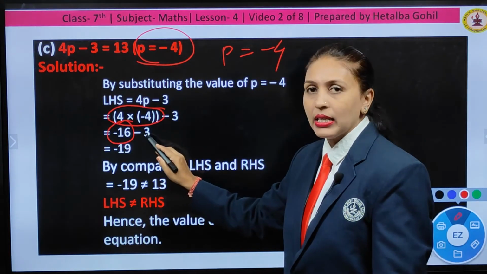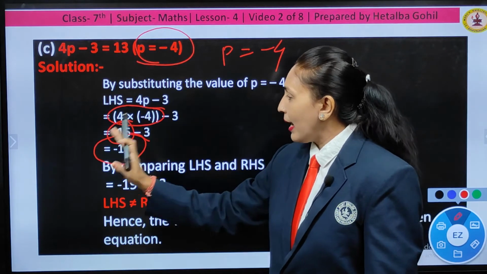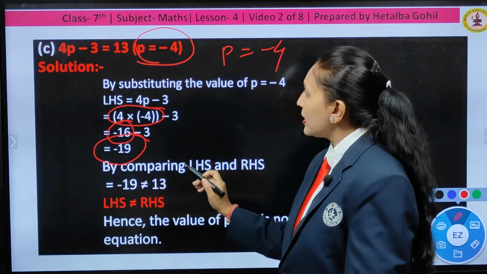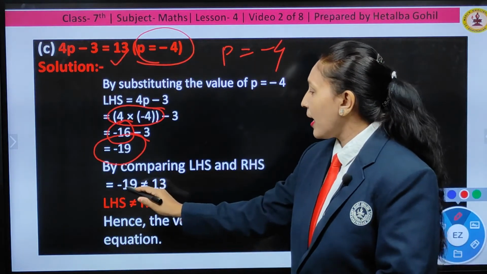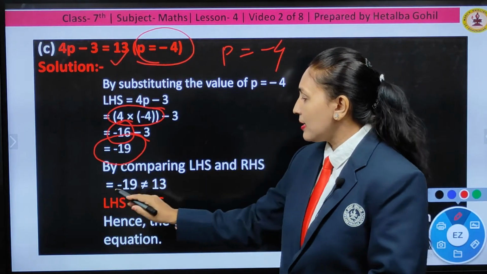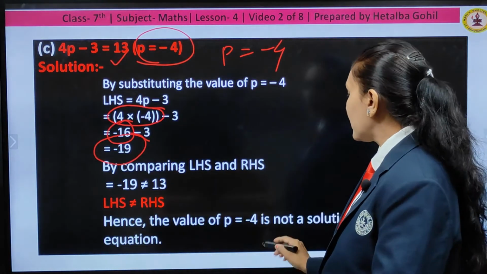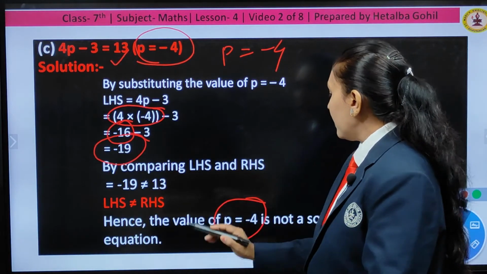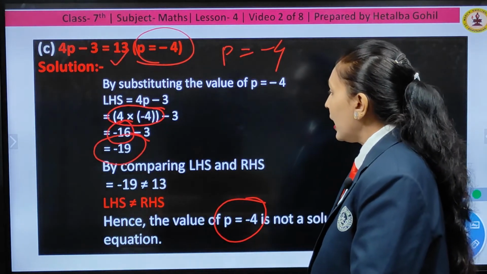Minus 16 minus 3 gives minus 19. That is our LHS. Then what about the RHS given in the question? 13. Right? Minus 19 is not equal to 13, that is LHS not equal to RHS. Hence the value of p, that is minus 4, is not the solution to the given equation.